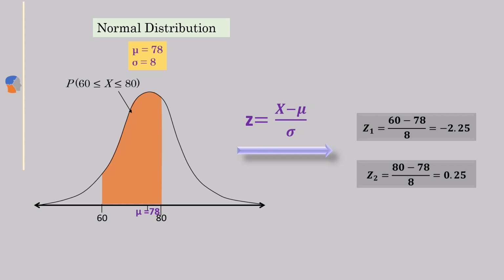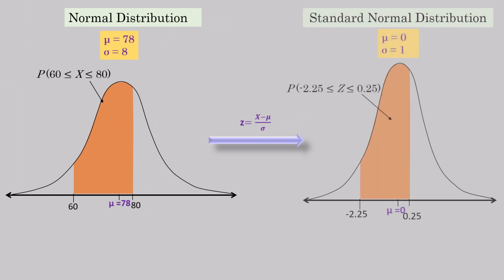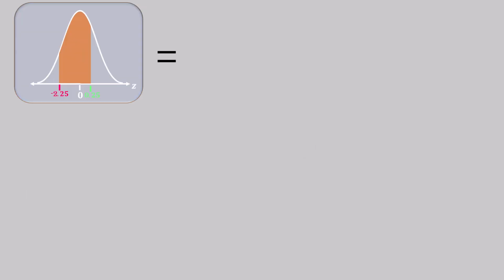So probability of x between 60 and 80 is the same probability of z between negative 2.25 and 0.25. That means area must be the same as I explained before. Now how do we find this? Right, whenever you have area between two numbers, you can follow these steps.